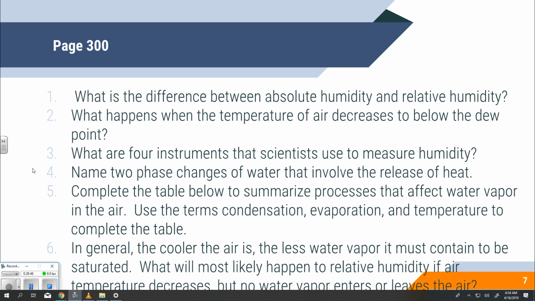Question 3. Answer can be found on page 298.